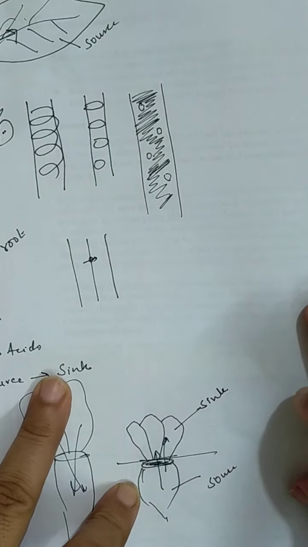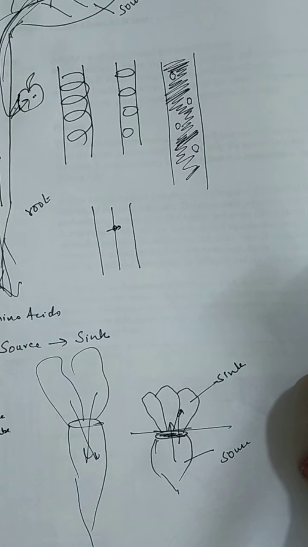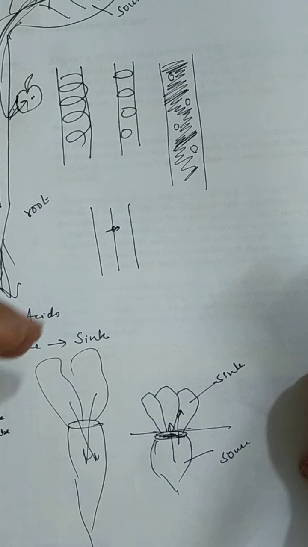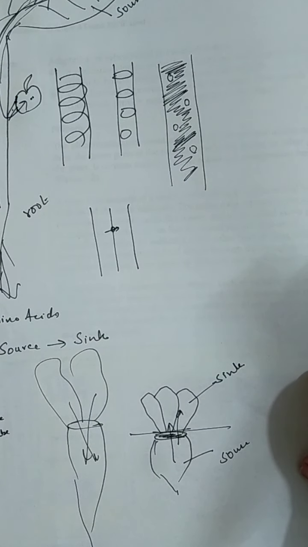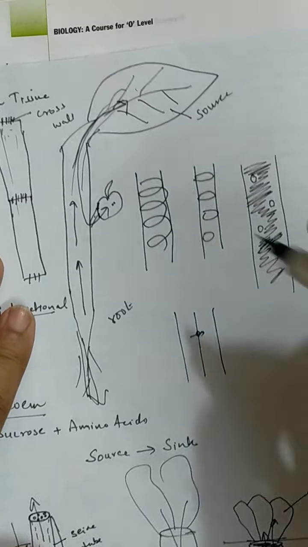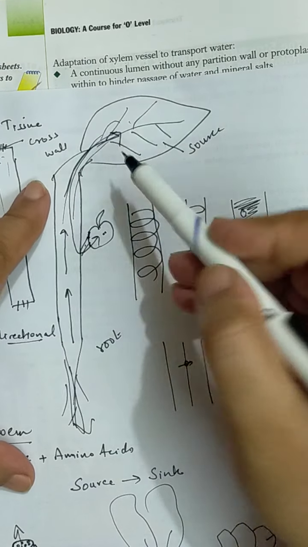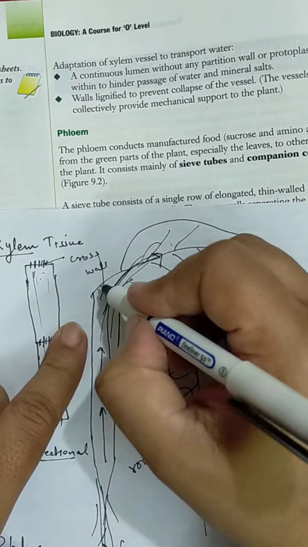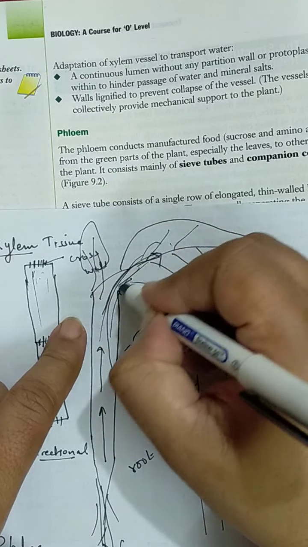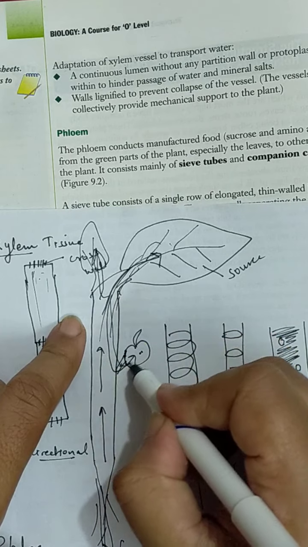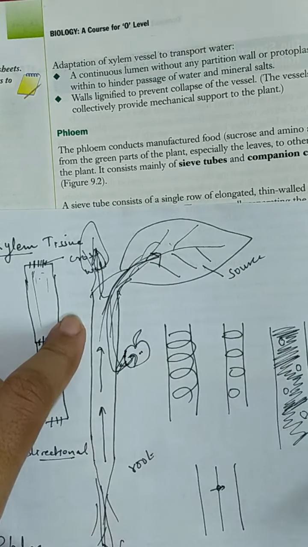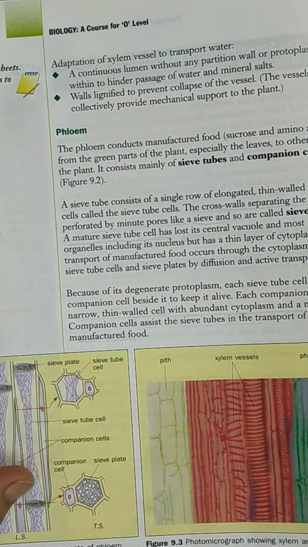Remember, whenever food has to be transported in the phloem, it can move in different directions from the source, but its direction will always be from source to sink. For example, the leaf is preparing food, it will be utilized for the formation of new leaves, so it will go in this direction, and if it has to be stored, it can move in the lower direction, so it can move in both directions.